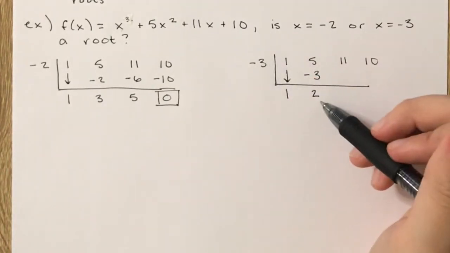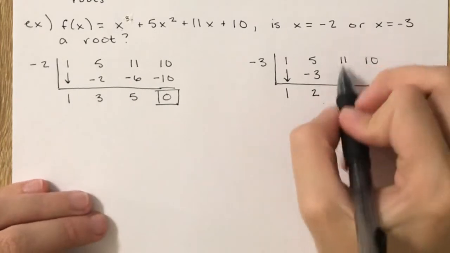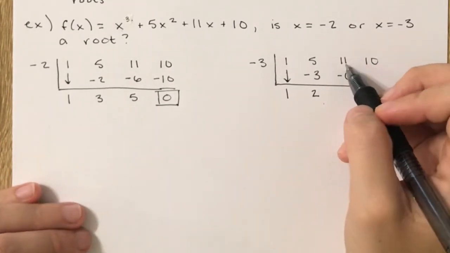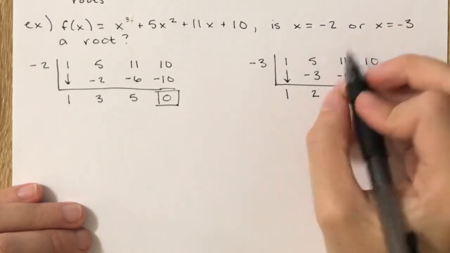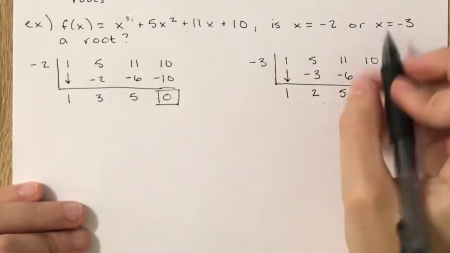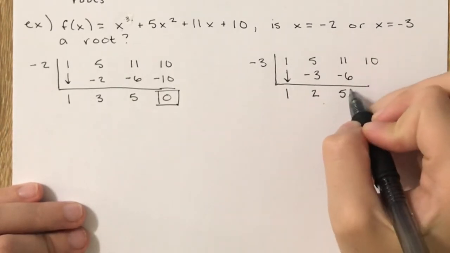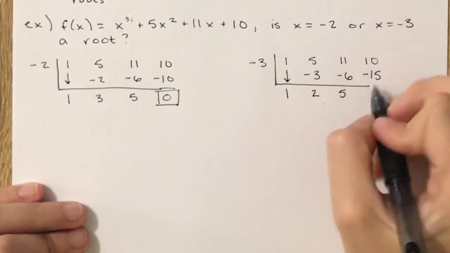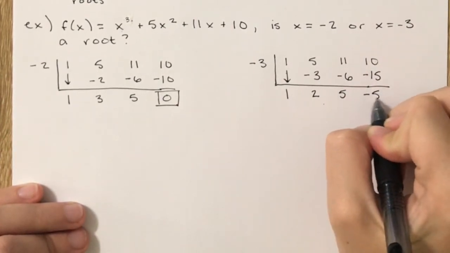We have -3 times 2, which gives me -6. We have 11 minus 6, which gives us 5. And then we have -3 times 5, which is -15. We add these together and we end up with a remainder of -5.